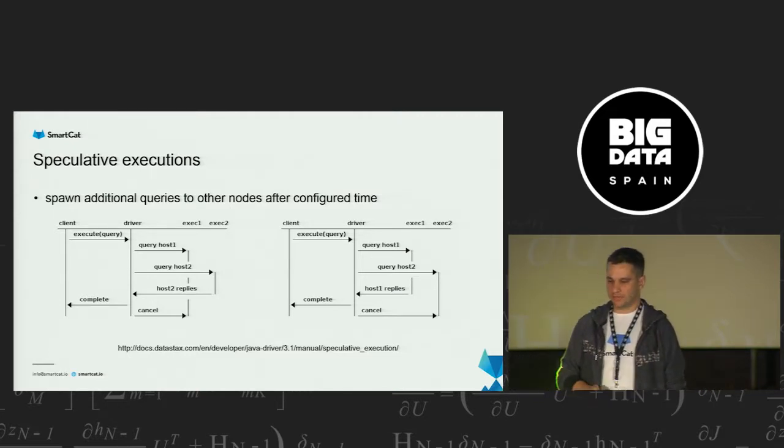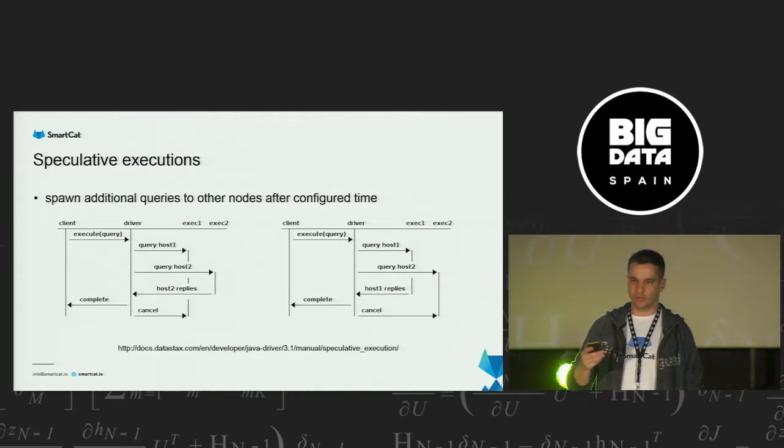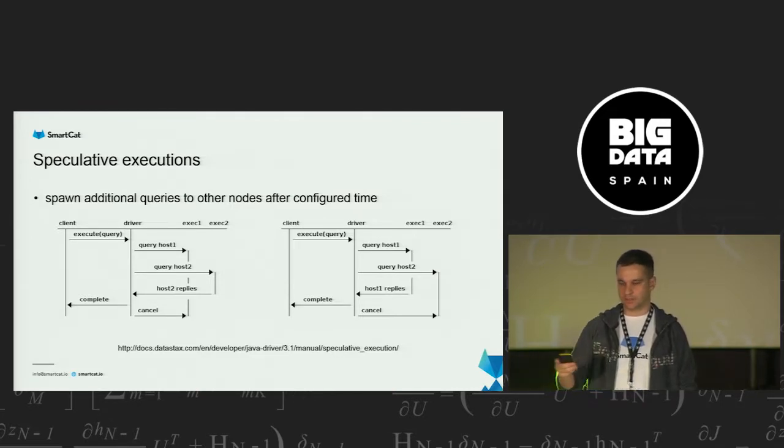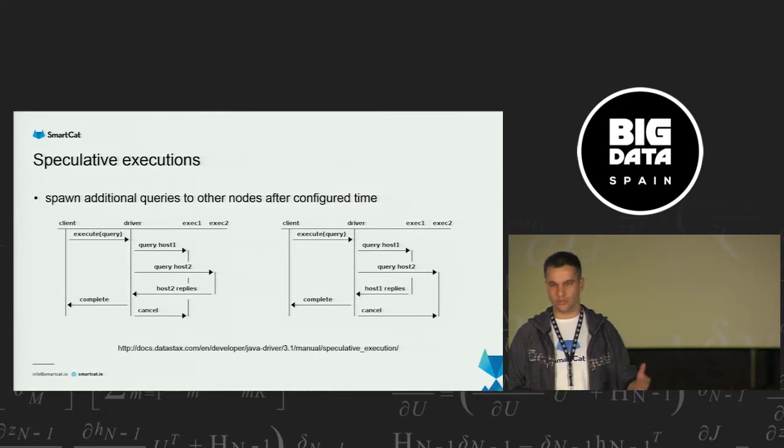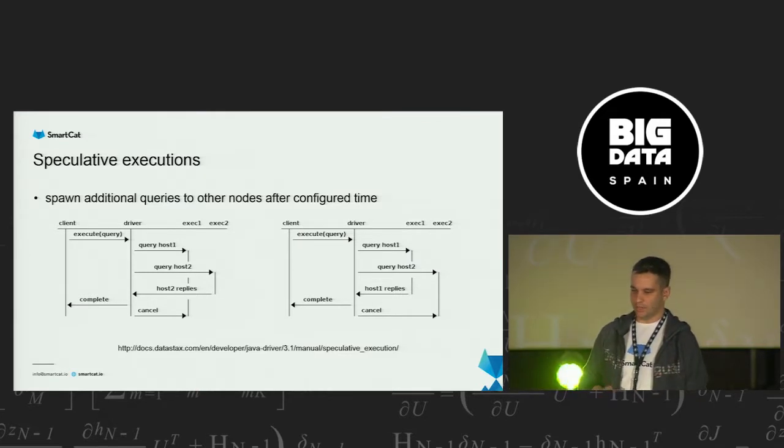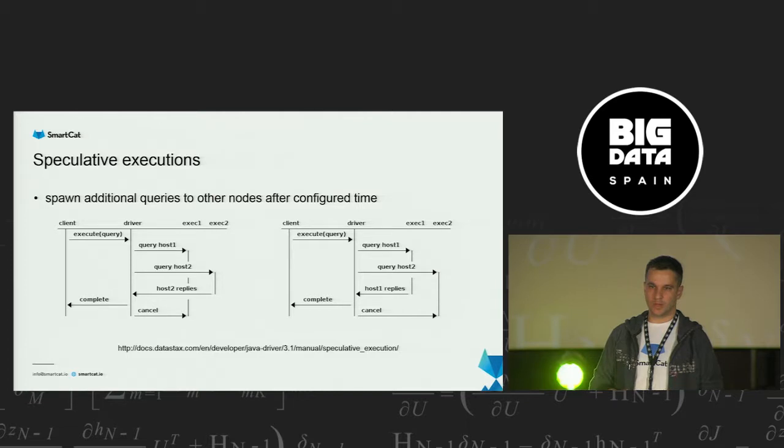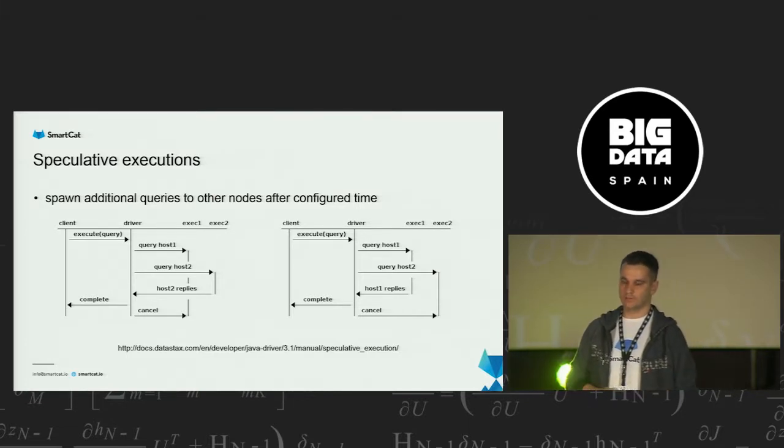In the picture on the left, you can see that a query to host 1 is issued, then it didn't respond. After a certain configurable amount of time, a query to host 2 went out, and host 2 responded before host 1. It will cancel the request to host 1, and it will return data faster than if you had to wait for host 1.